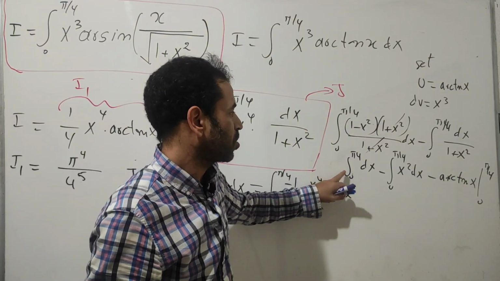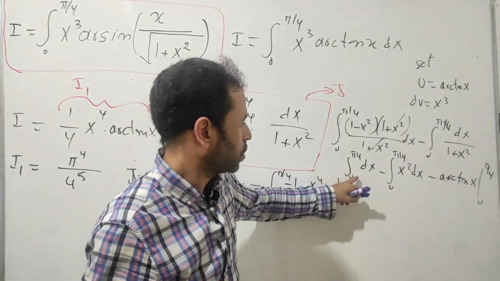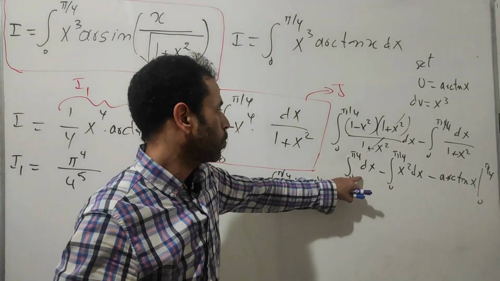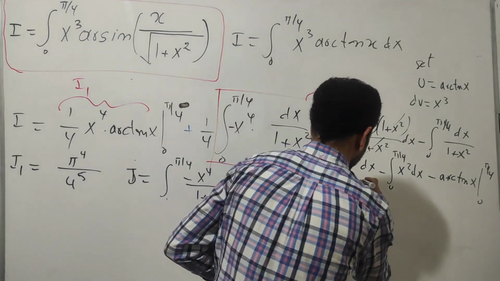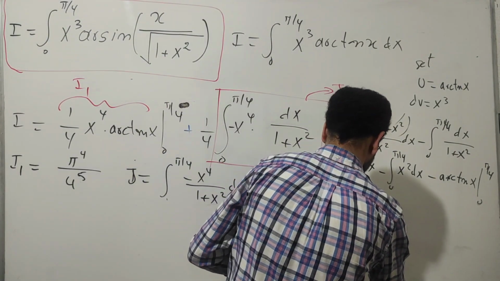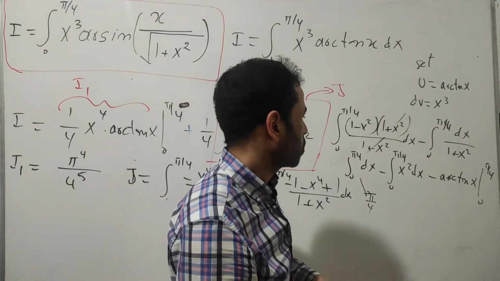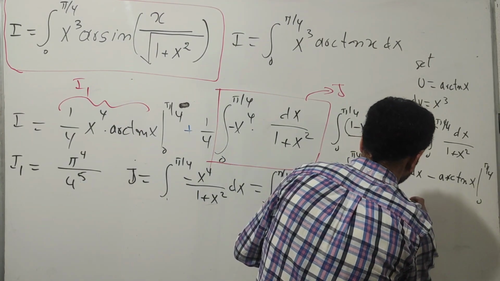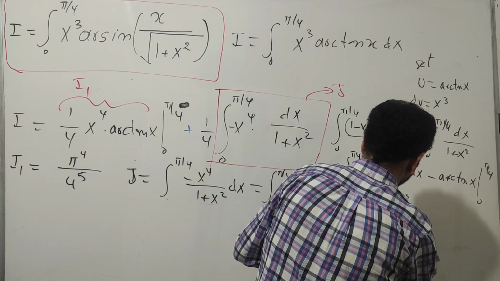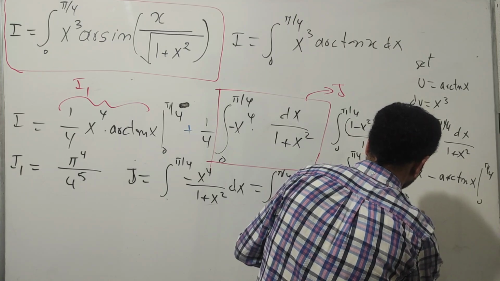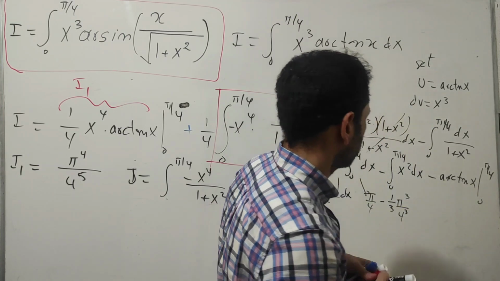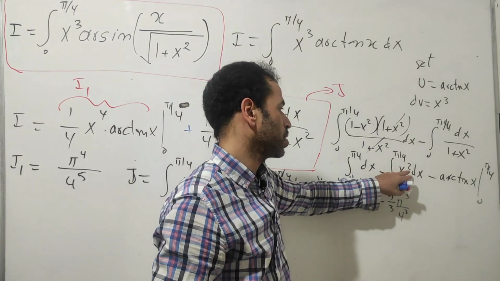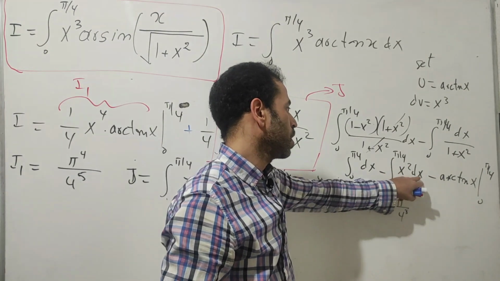Now with this final step, we are going to evaluate each term of this integral here. This one is going to give us pi over 4. This one is going to give us minus 1 over 3 times pi cubed over 4 cubed, because the primitive of x squared gives us 1 over 3 x cubed.